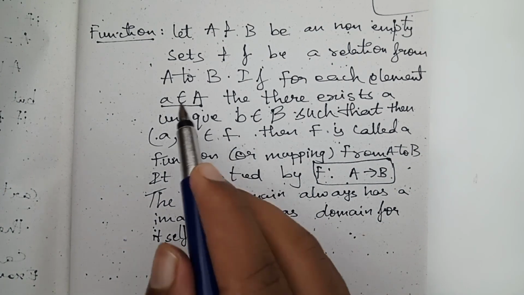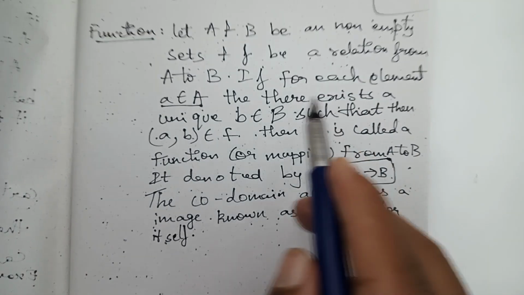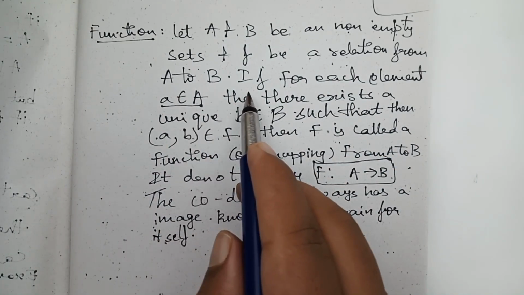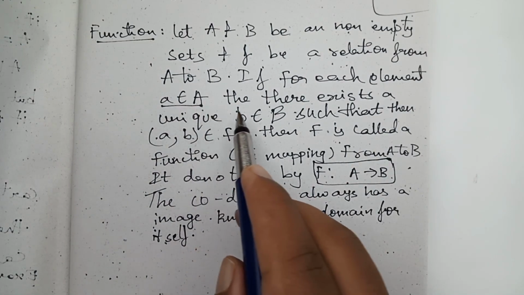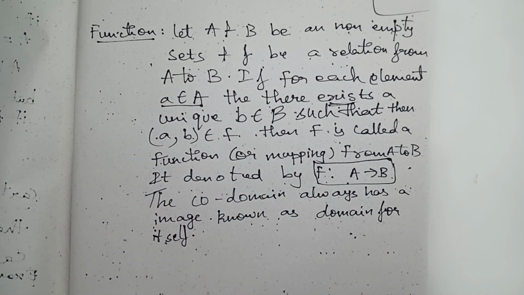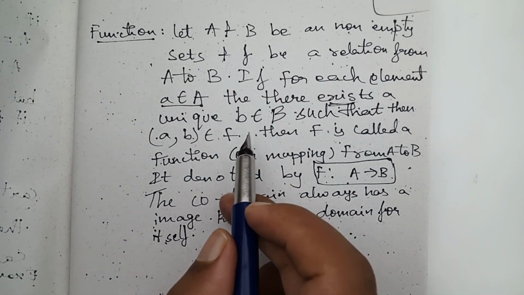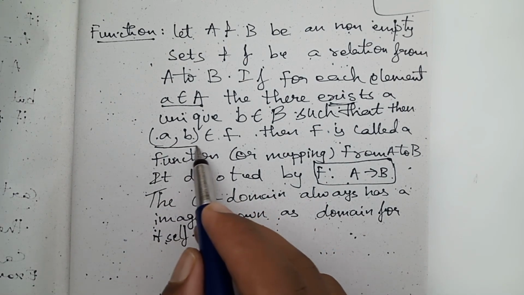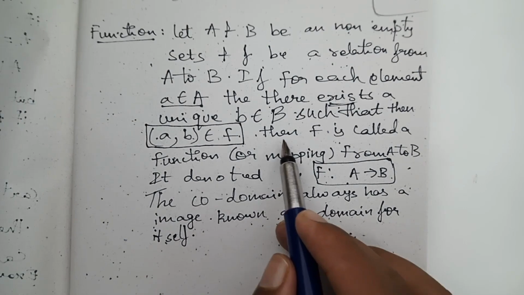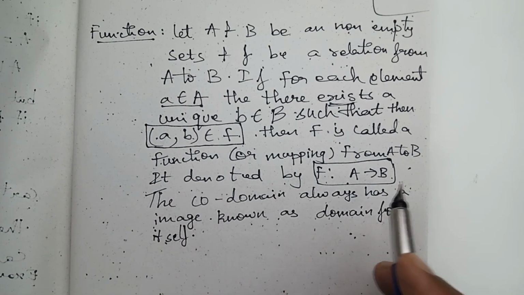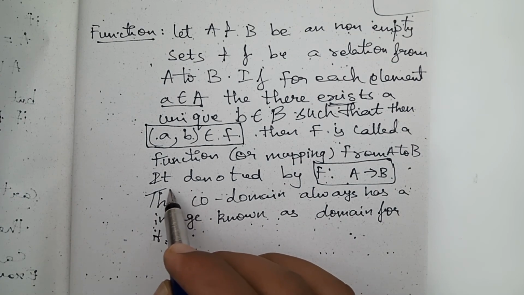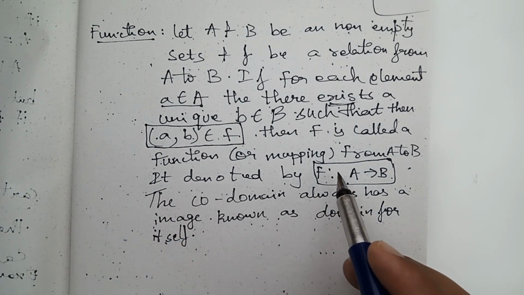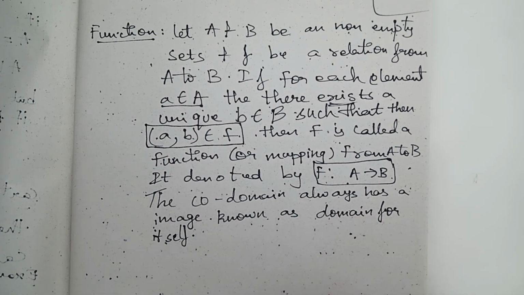Okay, now I'll explain it. We should take A and B as non-empty sets and F be the relation from A to B. If for each element a belongs to capital A, there will be a unique element b belongs to capital B, then (a, b) belongs to F. Then F is called a function from A to B. It is denoted by f: A → B. Now for each codomain there is a domain as an image for itself.